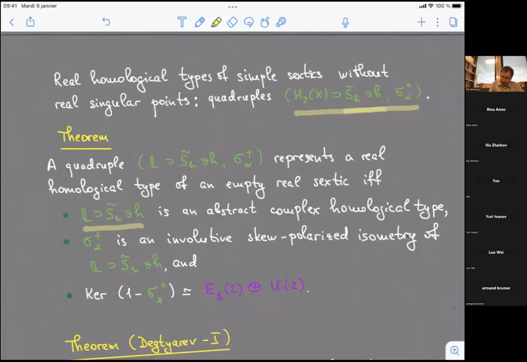Then the involution, so we have an involution on our lattice, and this involution should be skew polarized. So of course, it should be an isometry. Skew polarized means that it sends h to minus h.